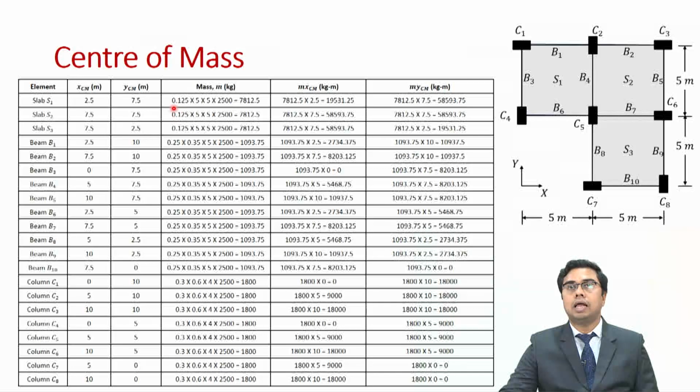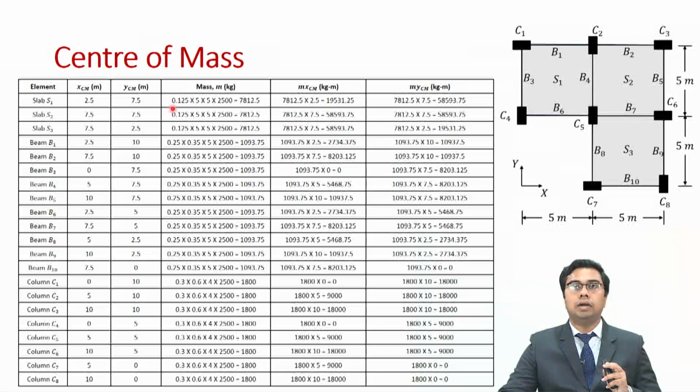Let us say for slab S1, we have considered it as 0.125 into 5 into 5 into 2500. Why? Because the slab has a thickness of 125 millimeters or 0.125 meters. The plan dimensions are 5 meters in each direction and the density of reinforced concrete is given as 2500 kg per meter cube.